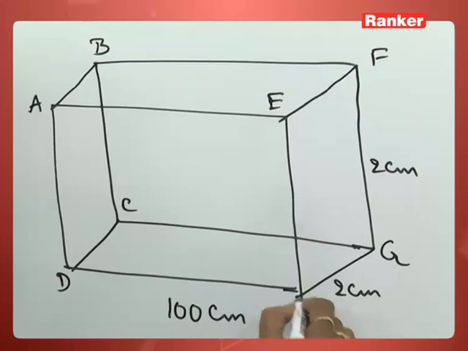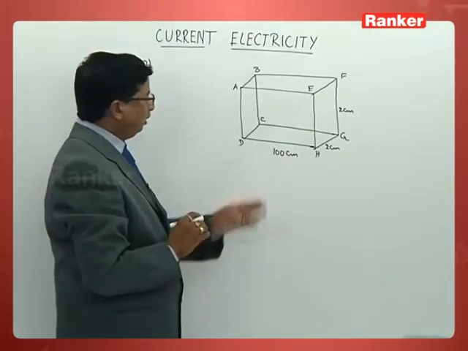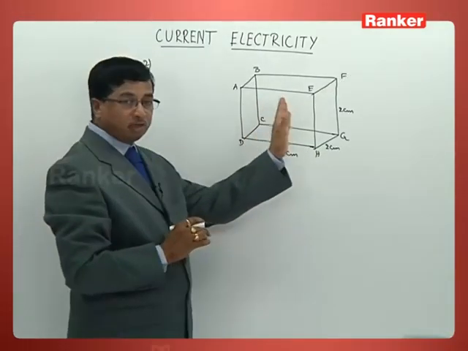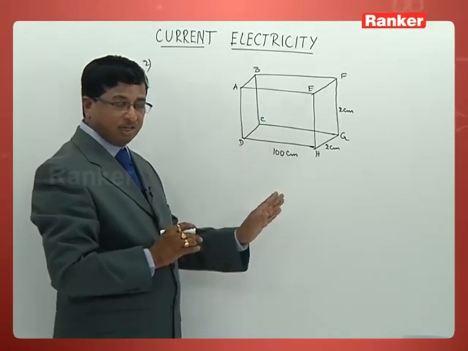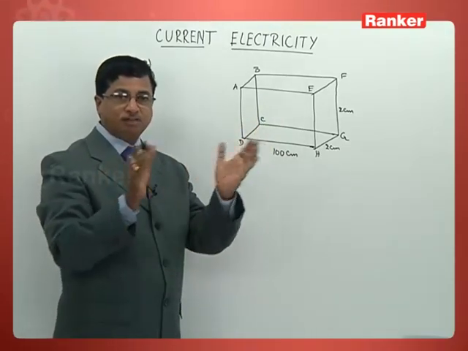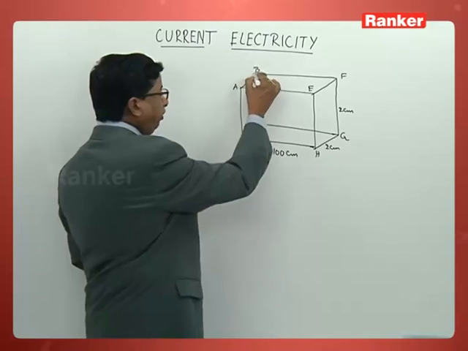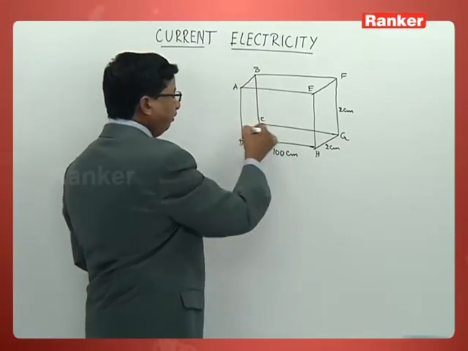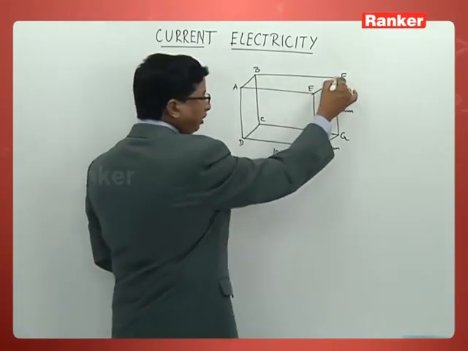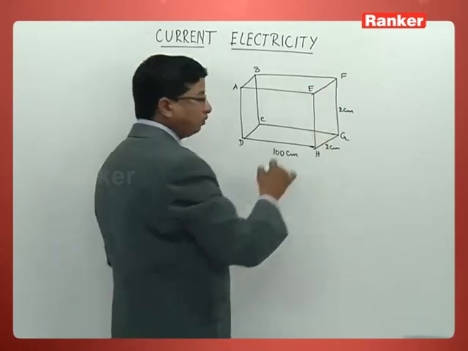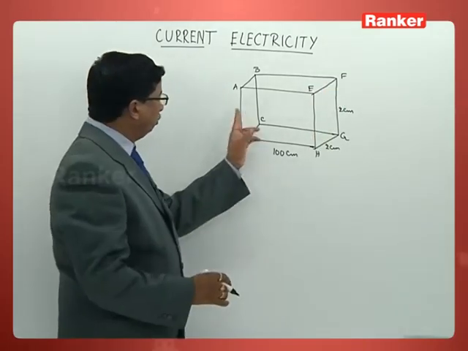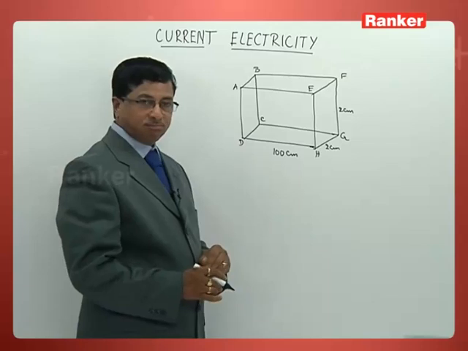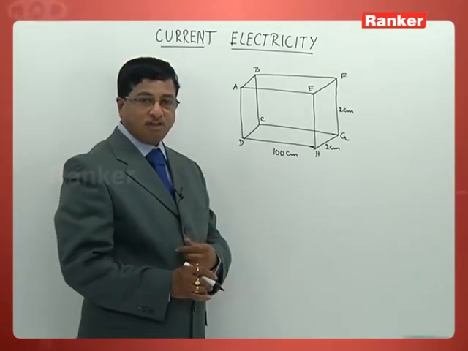If I take it like this, then all of you can understand by looking at this figure itself. Square faces he is asking. A, B, C, D is one square face. E, F, G, H is the second square face. Two square faces we have. And what else is he asking?